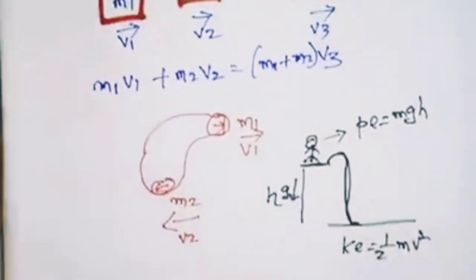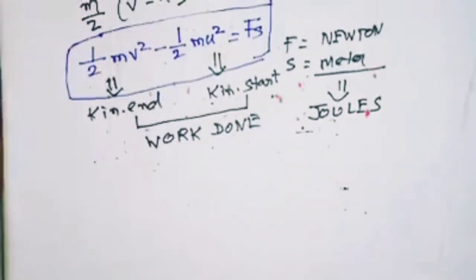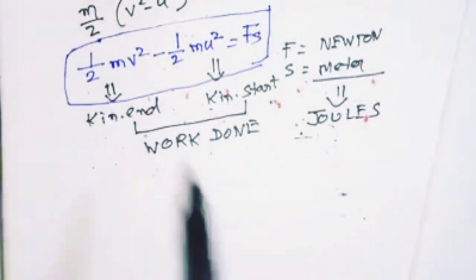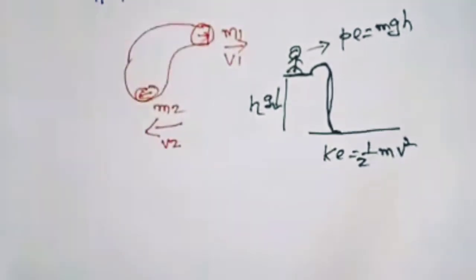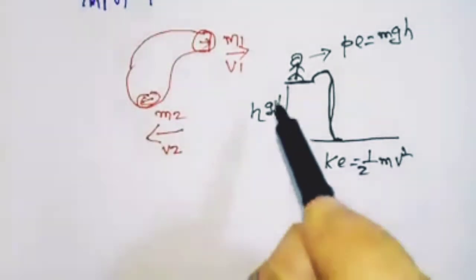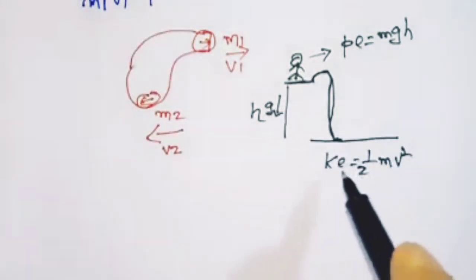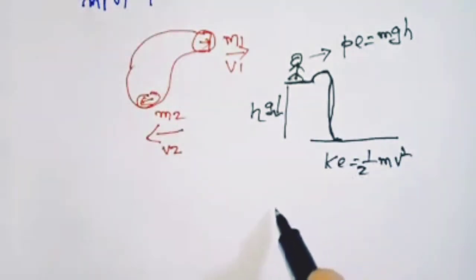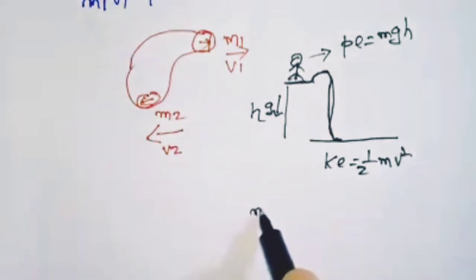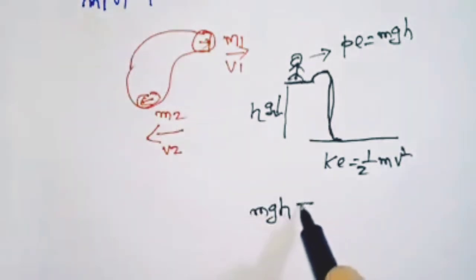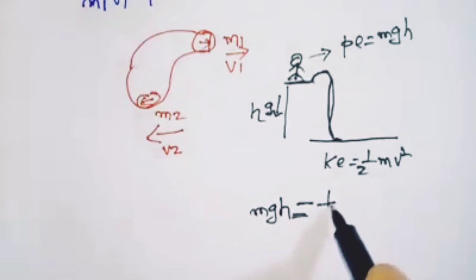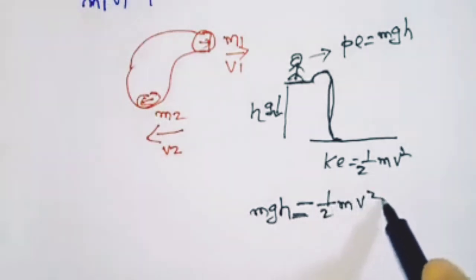So if your potential energy gets converted to kinetic energy, then this potential energy mgh will always be equal to your kinetic energy, half mv squared.